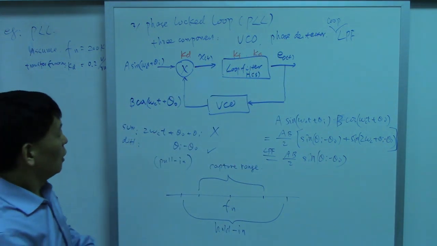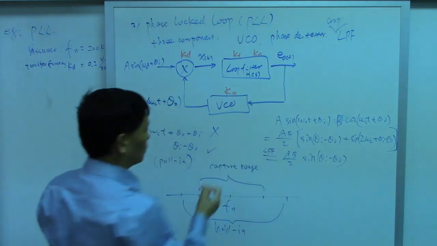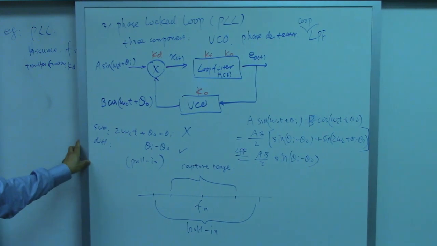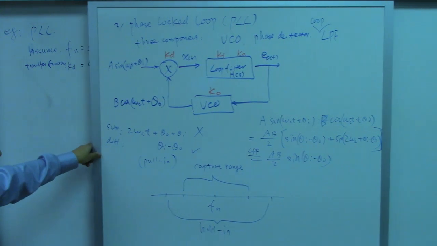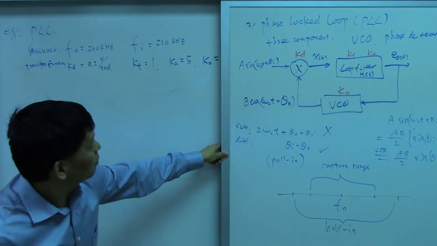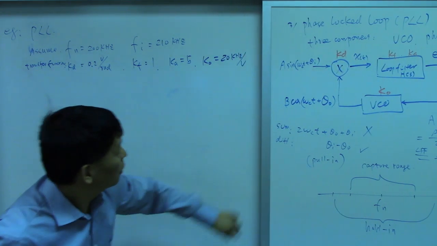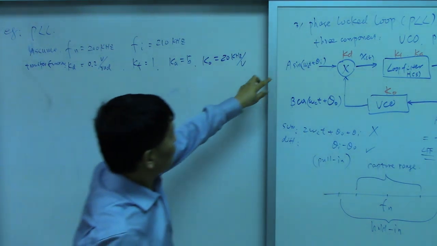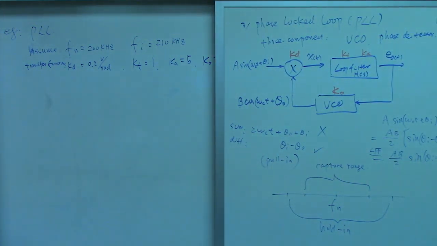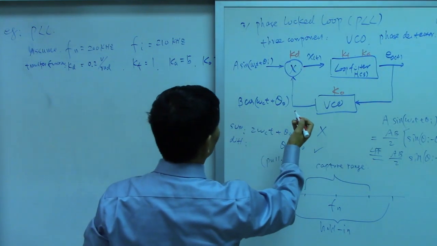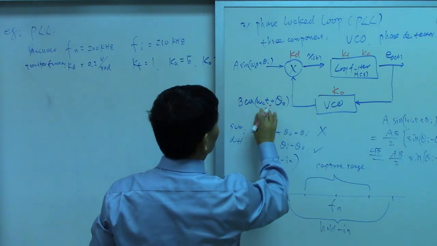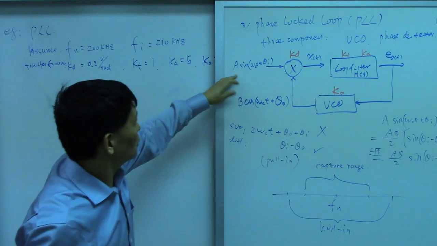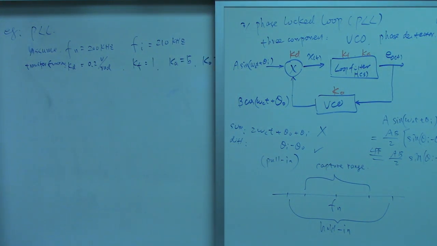And this one is K0. This frequency here equals the natural frequency, 200, and the external input frequency equals 210.